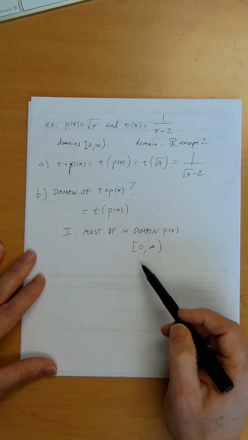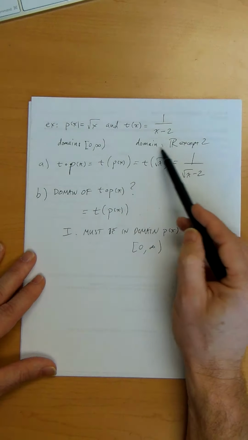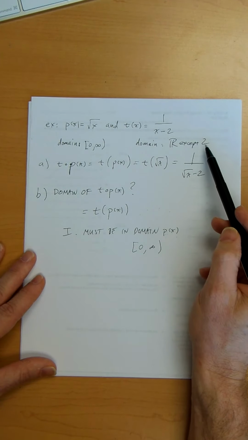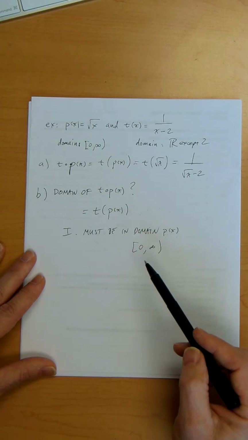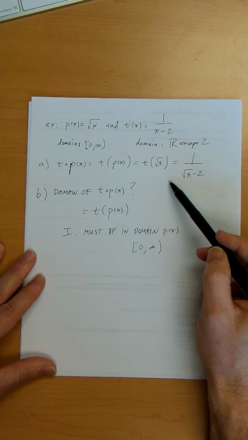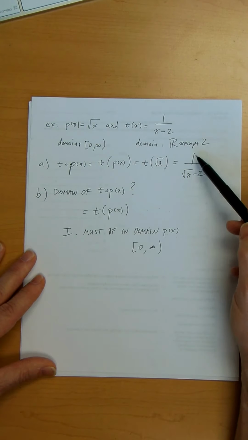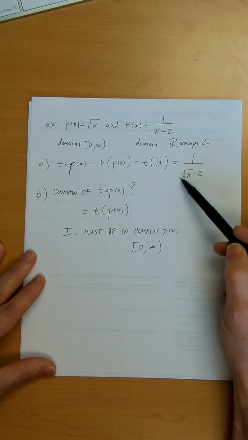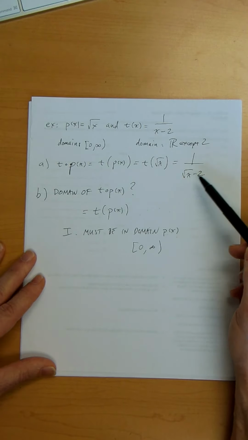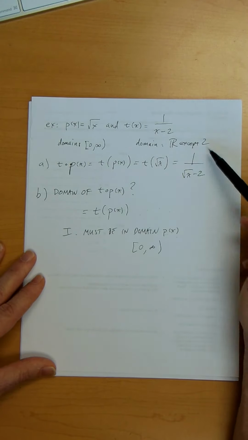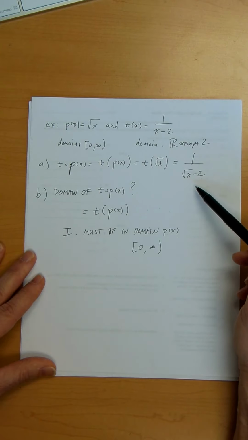But then I have a concern about the t of x. It's got a domain of all real numbers except 2, and you might think you could just exclude 2, which is in this. But 2 is not a problem. If I put 2 into the composition, I'm going to get 1 over square root of 2 minus 2. Square root of 2 is a perfectly good irrational real number. And I'll subtract 2, and I might get a negative value, a not very nice one, but I do get a real number.